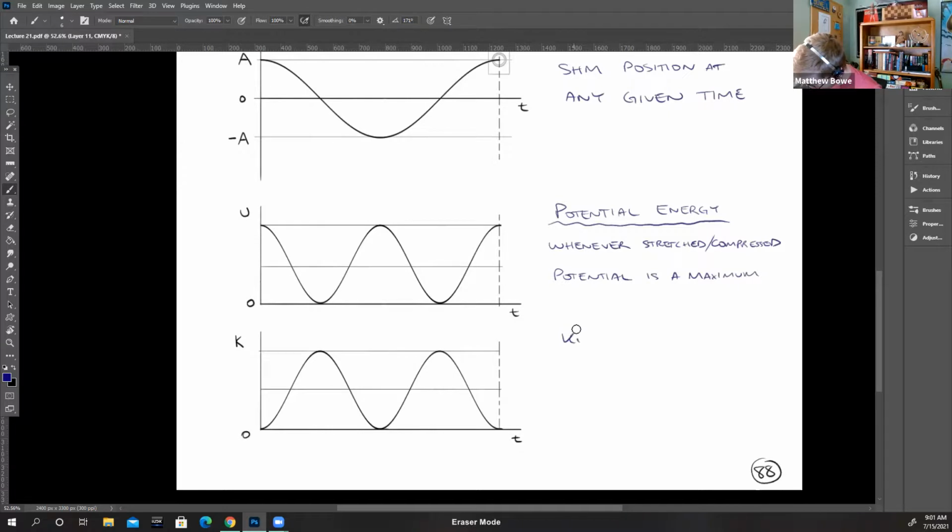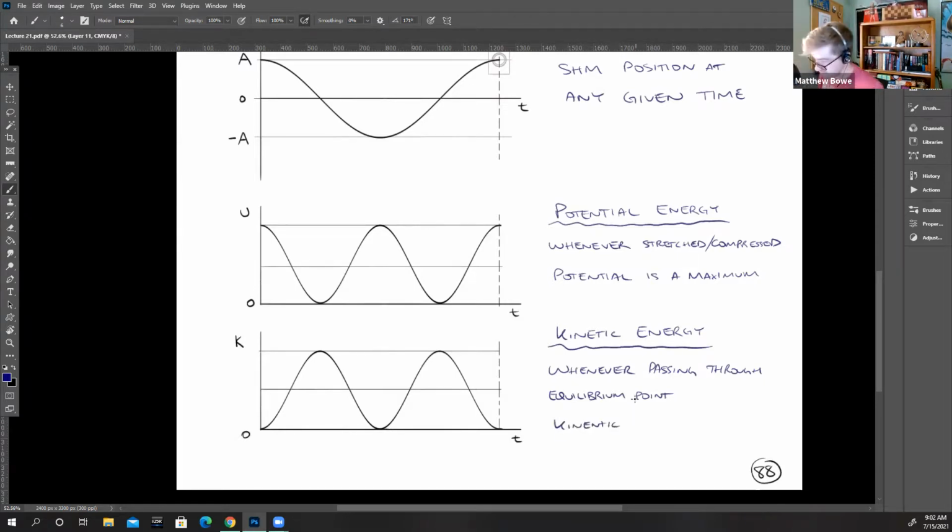And for the kinetic energy, whenever passing through the equilibrium point, kinetic is a maximum.